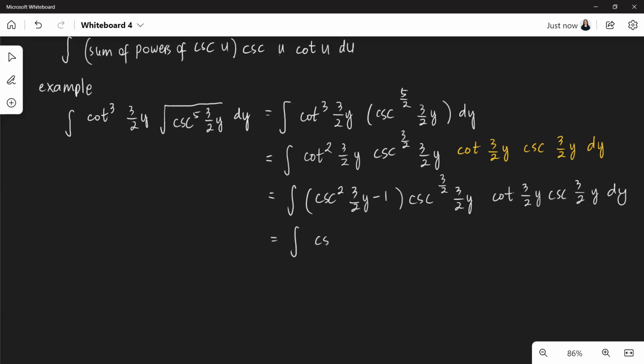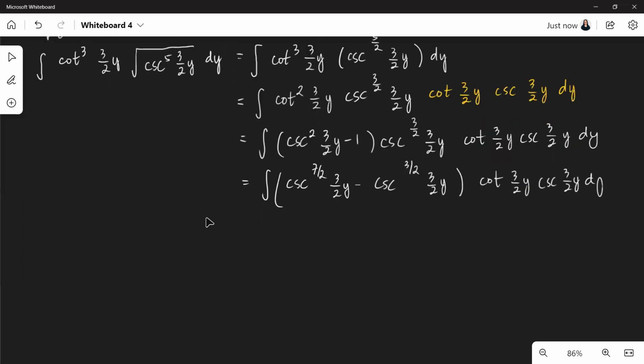So it's cosecant, we have 2 plus 3/2, so that's 3.5 or 7/2, minus cosecant. Let me write the fraction this way for lesser space. And then again, this would be our du.